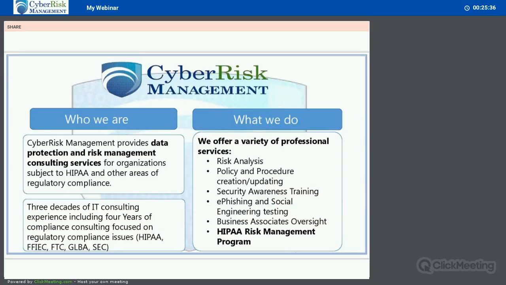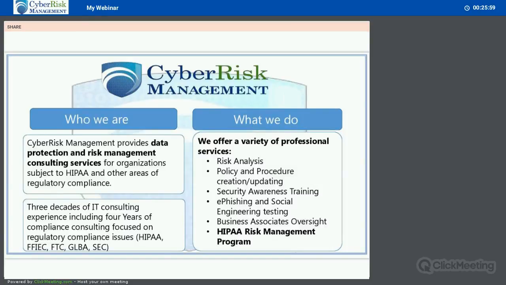So I want to take a minute and talk about cyber risk management and who we are. Cyber risk management is a full-service security firm. We do cybersecurity as our specialty, but specifically we do compliance. And HIPAA compliance is one of the top areas of focus for cyber risk management.